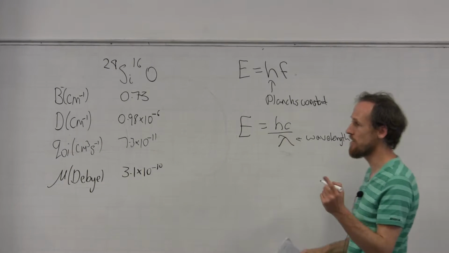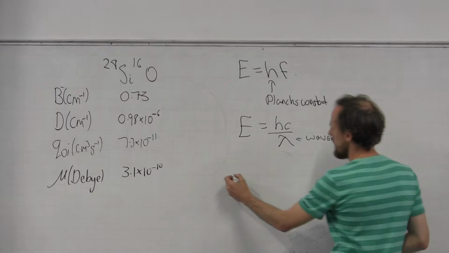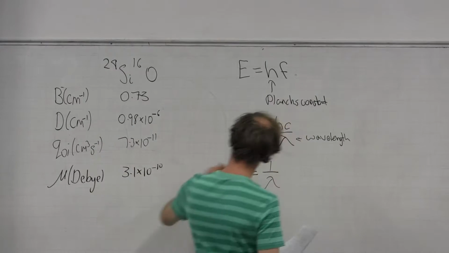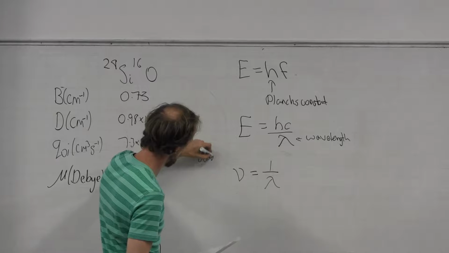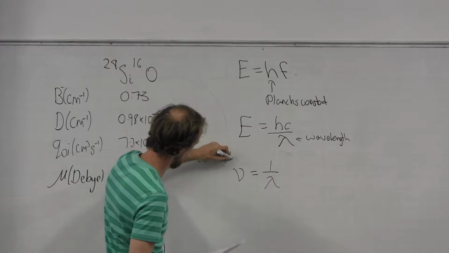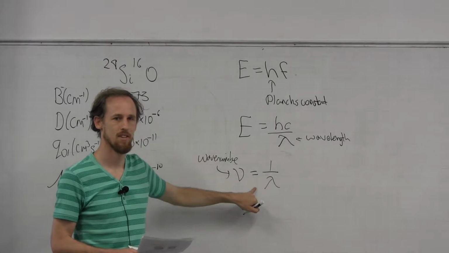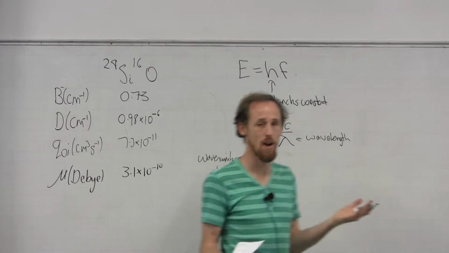Reasonable. There's another quantity, the wave number, symbol nu, and that's just 1 over the wavelength. You might wonder why it's called the wave number.